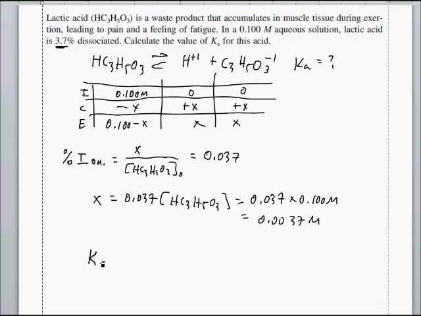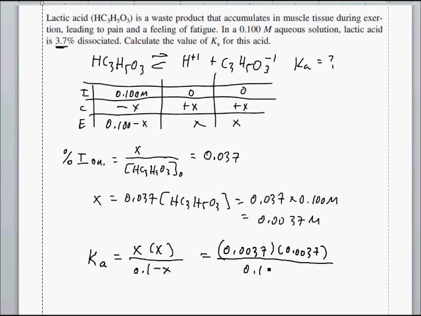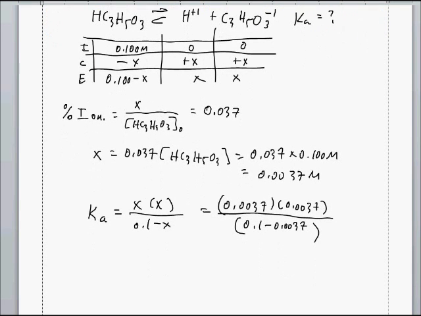So now if we write our equilibrium expression, it's just going to be X times X over 0.1 minus X, which is just going to be X squared, right? I'll just write it out the long way. But basically it's X squared, and then it's over 0.1 minus 0.0037, and we can just evaluate that and see what we get.